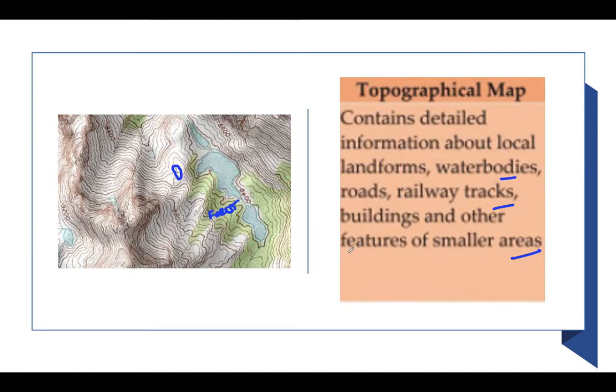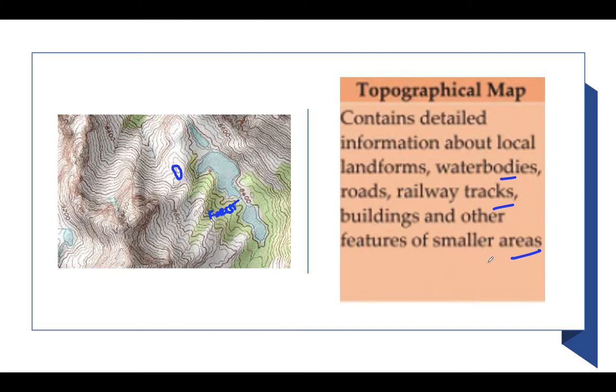So in a topographical map we take a small area like Mumbai, Thane, Bhiwandi or Kalyan, and we study each and every physical feature of that smaller area: whether there is a temple or not, whether there is a church, how many churches there are, how many playgrounds there are. Each and everything we get to know from this topographical map.